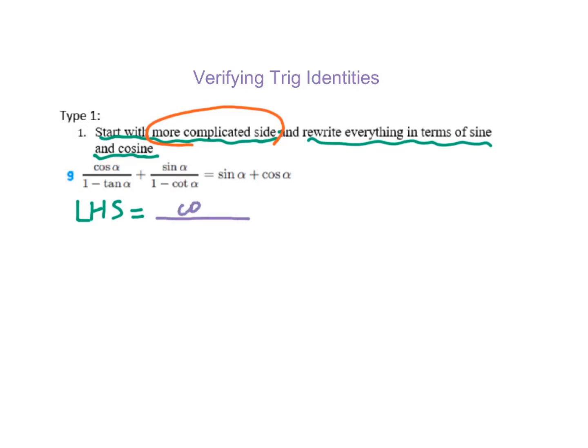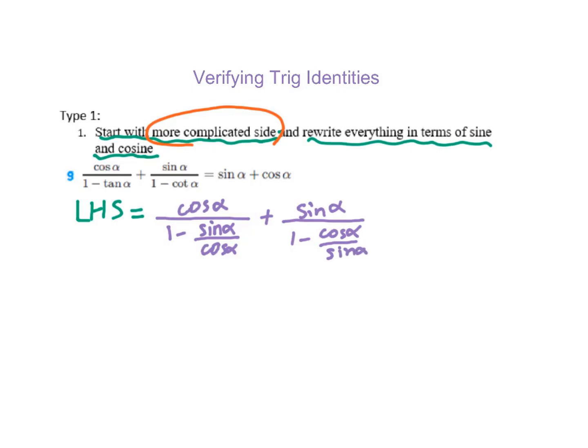So this is cosine alpha over 1 minus tangent alpha, and I turn it into sin alpha over cosine alpha, plus sin alpha over 1 minus cosine alpha over sin alpha.